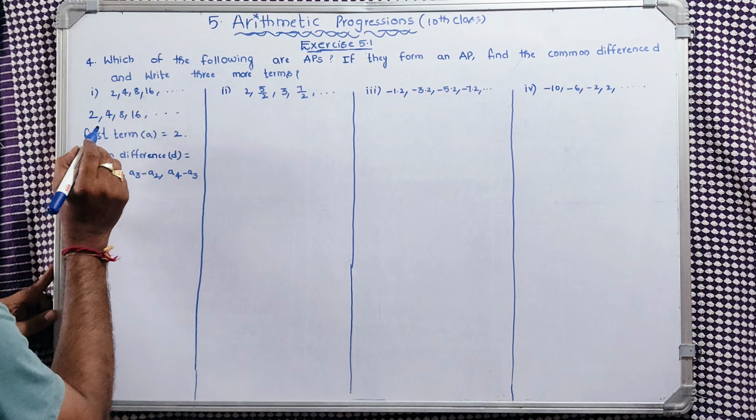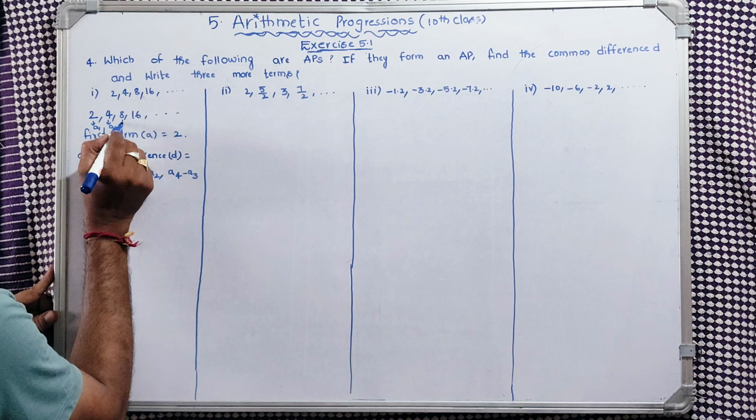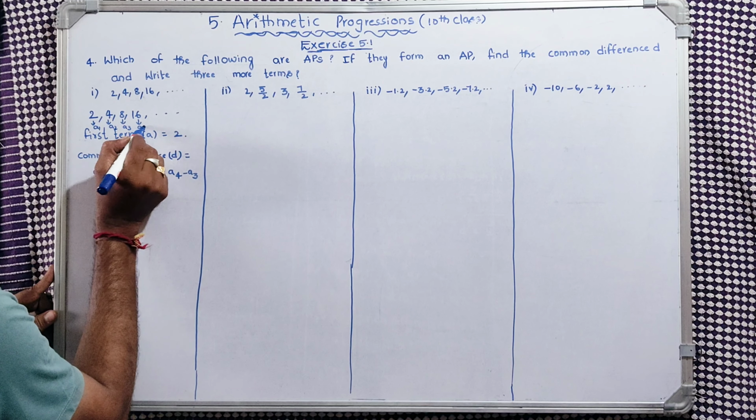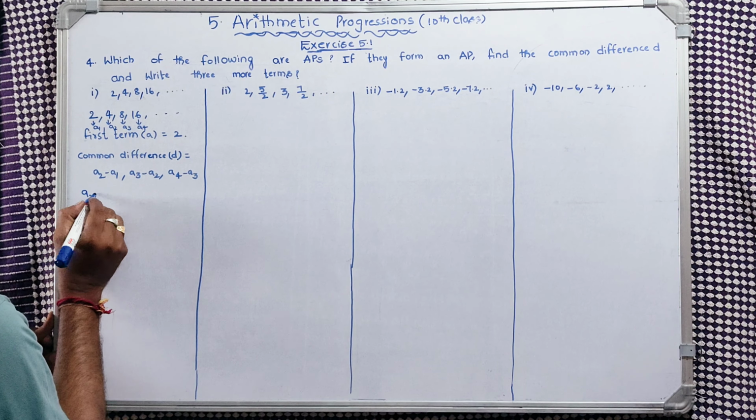First of all, A2 minus A1: 4 minus 2 equals 2. Next, A3 minus A2: A3 is 8 minus A2 is 4. 8 minus 4 is 4. Next, A4 minus A3: A4 is 16 minus 8 equal to 8.